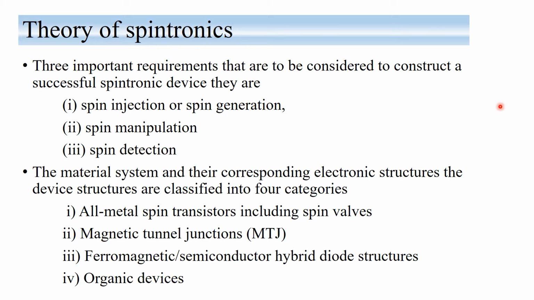First is the all-metal spin transistors, including the spin valves. Next is the magnetic tunnel junctions. Third, ferromagnetic semiconductor hybrid diode structures. And fourth is the organic devices.